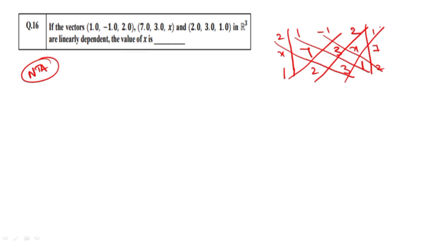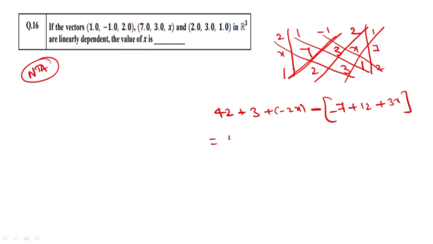The products of this: 2 into 7 into 3, 2 7s are 14, 14 3s are 42, plus 1 into 3 into 1, 3, plus minus 1 into x into 2, minus 2x. Minus of the below products: 1 into 7 into minus 1 is minus 7, plus 2 into 3 into 2, 2 3s are 6, 6 2s are 12, 3 into x into 1 is 3x.